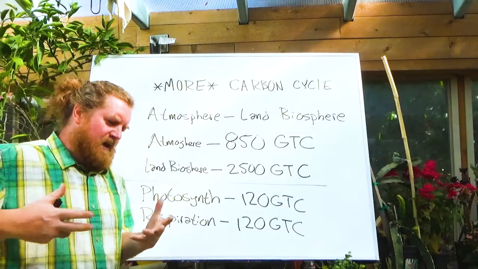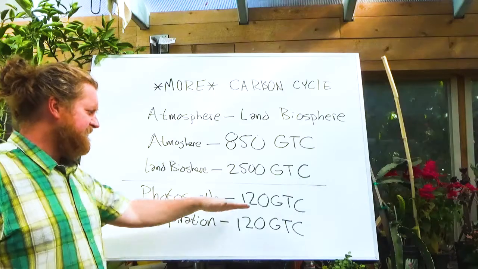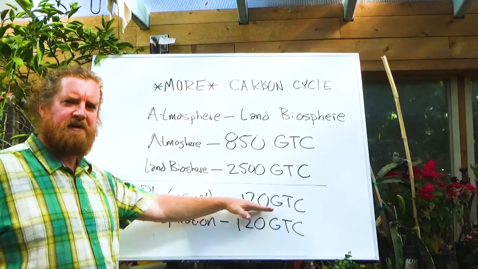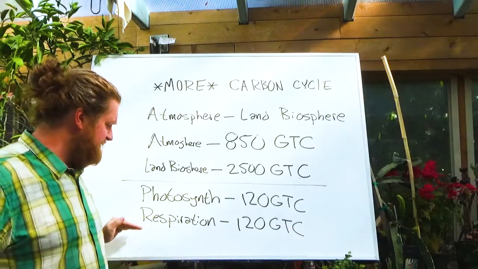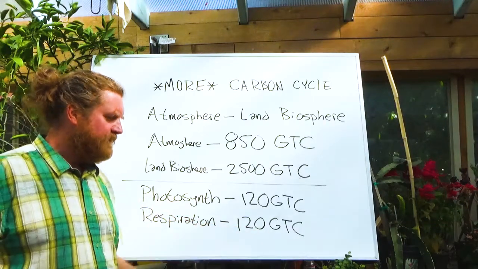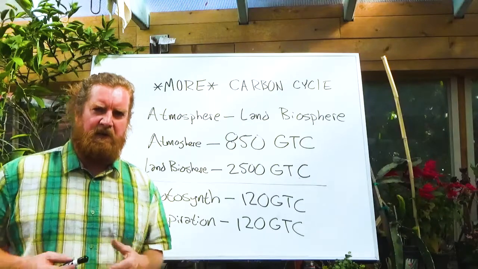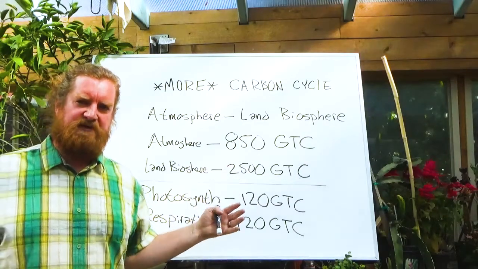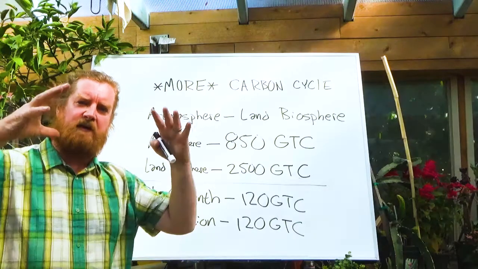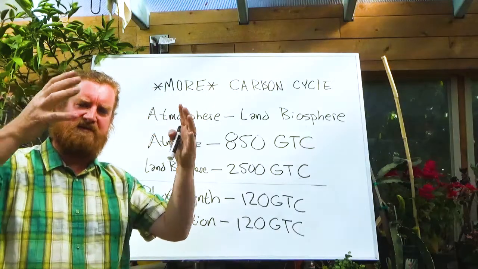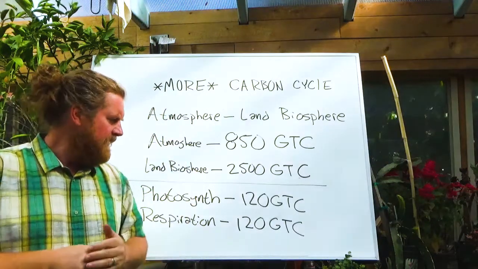Photosynthesis, on an average annual basis, strips out about 120 gigatons of carbon. And actually just about that much is given back by respiration. The one interesting thing to think about, though, is that that's not true over the course of a year. First of all, most of our land mass is in the northern hemisphere, so we have seasonality.